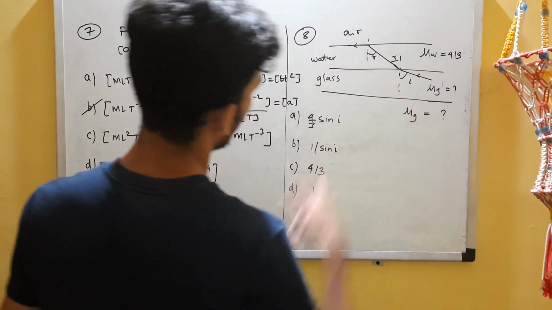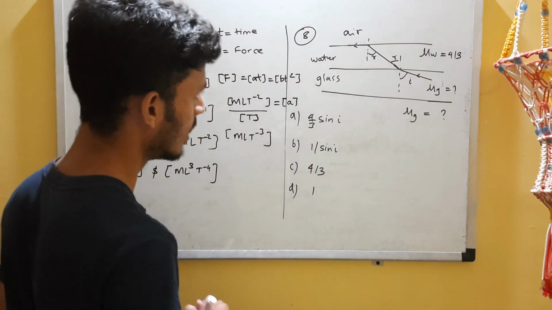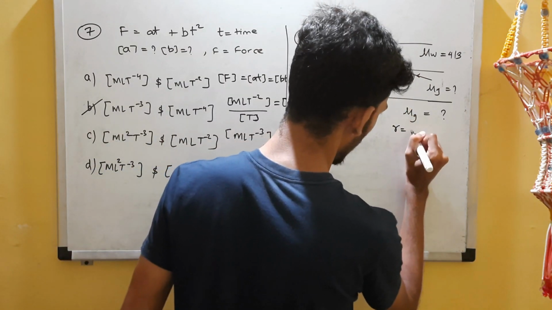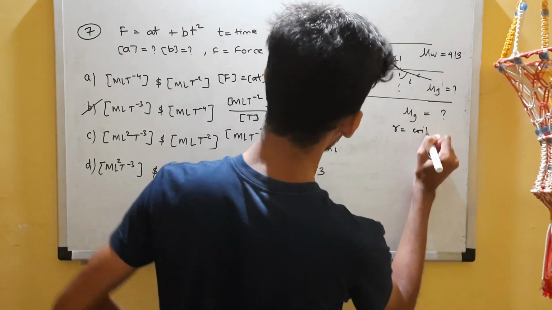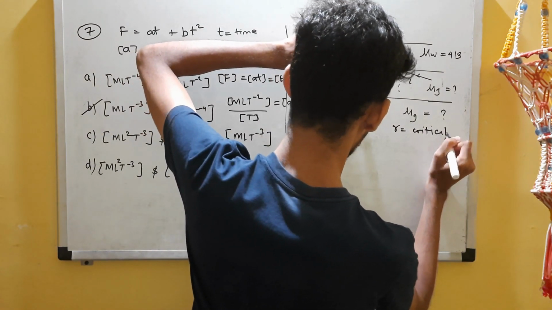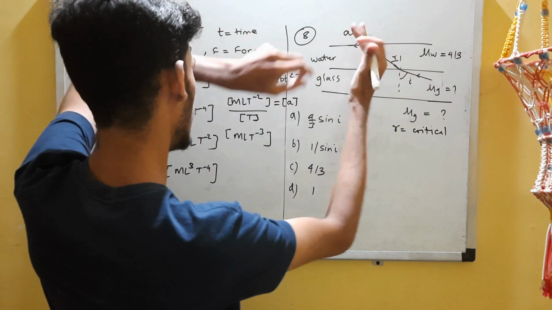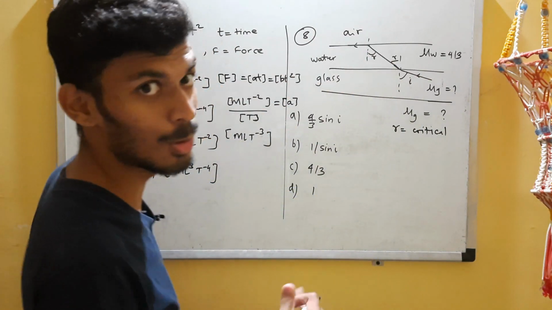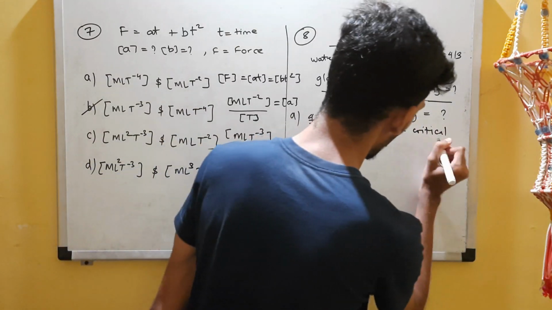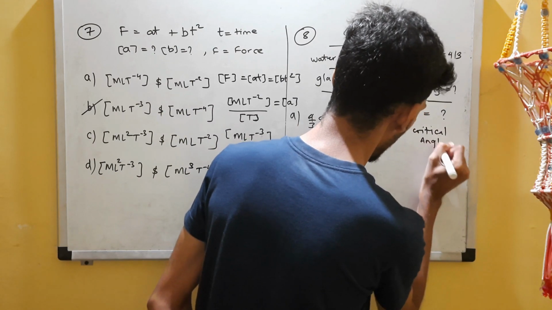So here basically we know that r is the critical angle, because we have grazing emergence over here. If the angle was greater than r, there would have been total internal reflection.